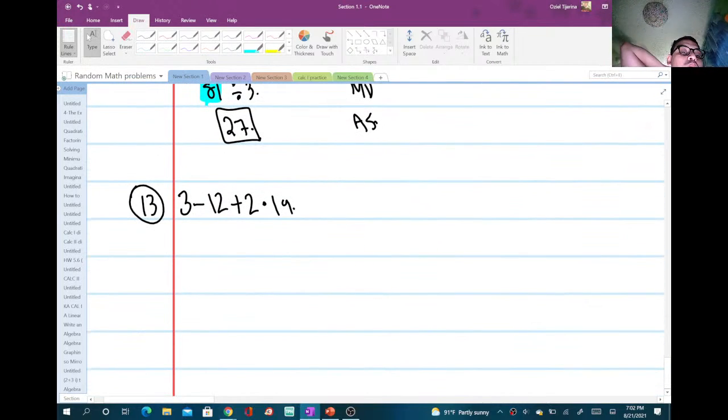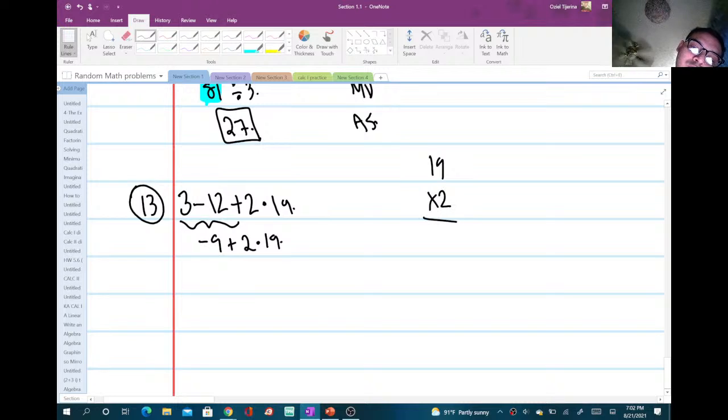We can go from left to right, only because there are no parentheses, no exponents, no brackets. So it's okay to go from left to right. 3 minus 12 is negative 9, and then plus 2 times 19. 19 times 2 is 38.